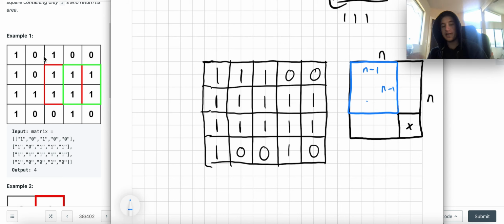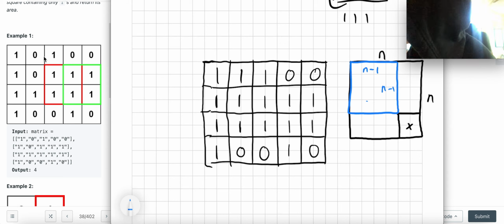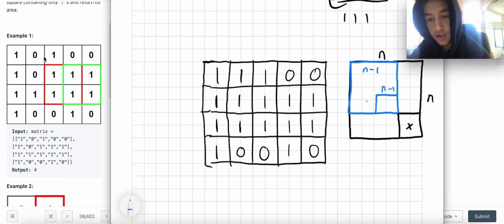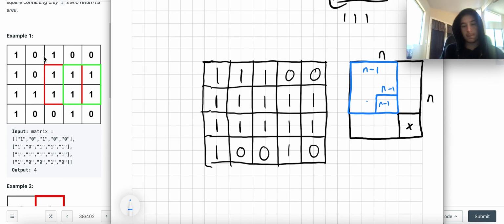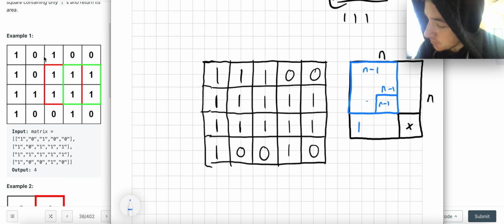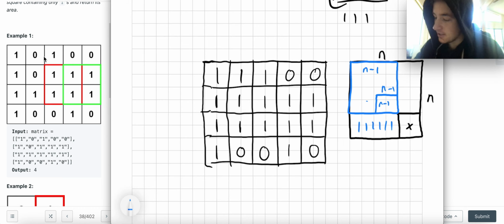and since we're always looking at the bottom corners, if this last cell in the grid had information about the square, that it was an n minus 1 square, well, that would work if these were all 1s up to x and these were all 1s up to x.